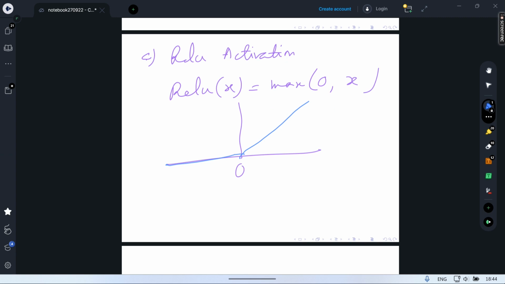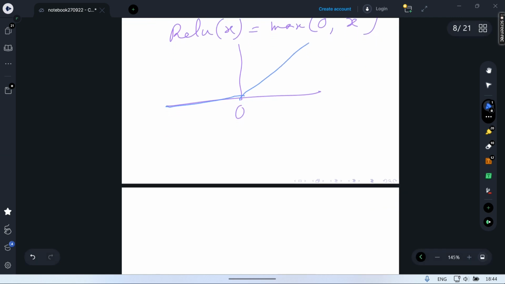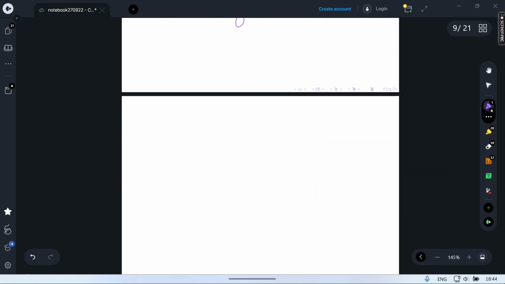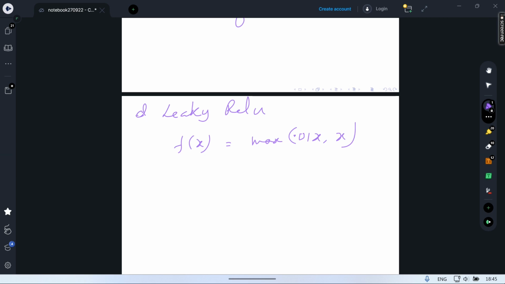So there are modified versions of ReLU, like leaky ReLU, which is basically f(x) equal to max of 0.1x, comma x. If you plot it, it will be something like this.